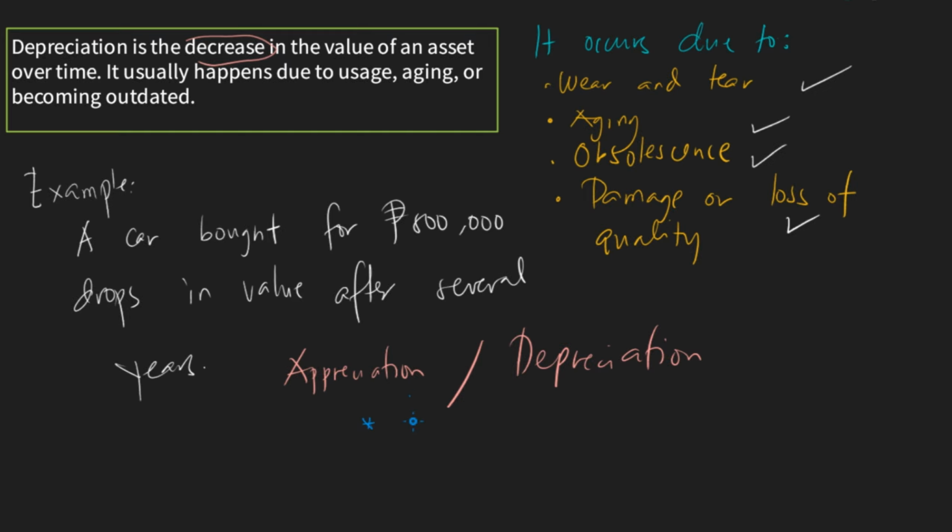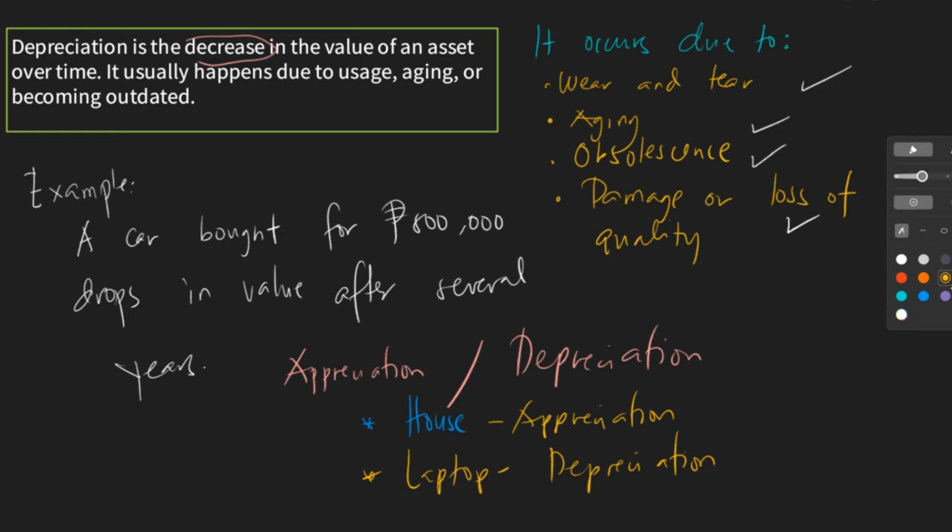What about a house? That is appreciation. What about a laptop? Laptop is depreciation. Last one, what about land? Okay, that is appreciation.